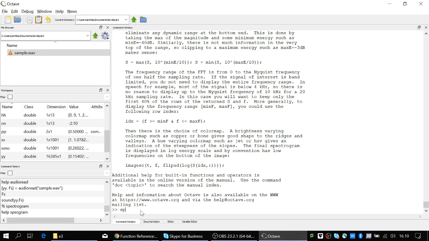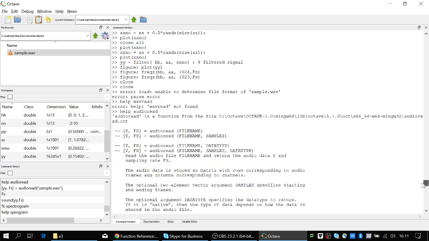So spectrogram yy, 256, sampling rate, then we have the number of points in the window and the number of points in the overlap. I don't have any other reason than putting 256, the same number for the window size as for the overlap, as long as this was the syntax.